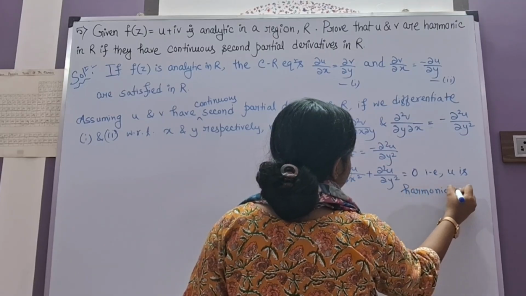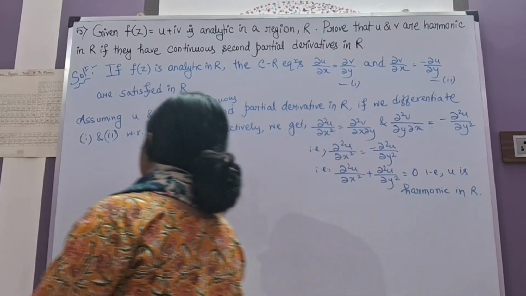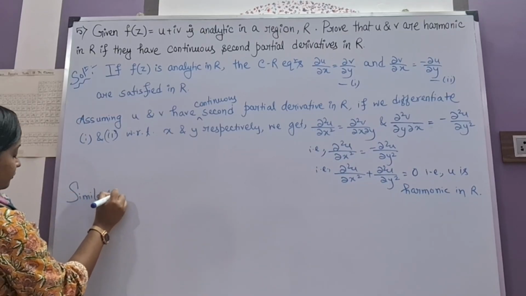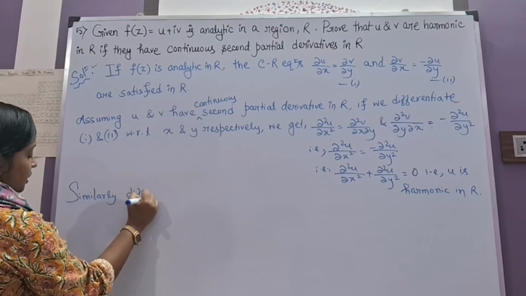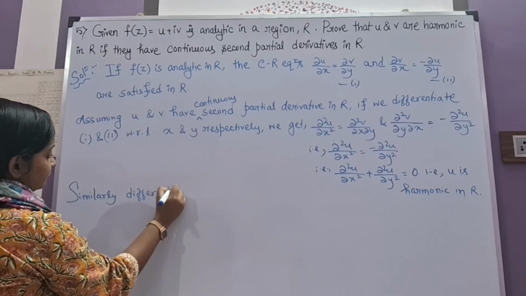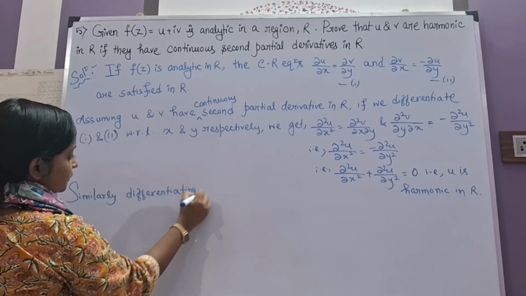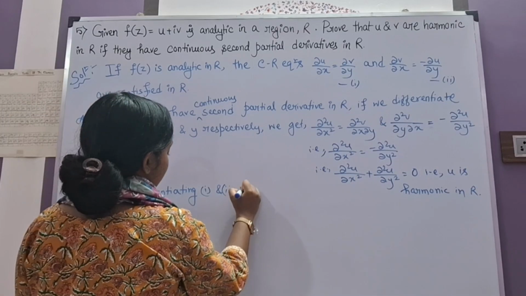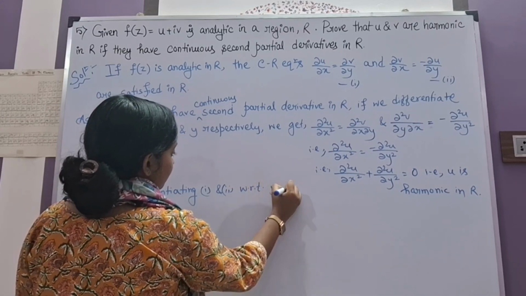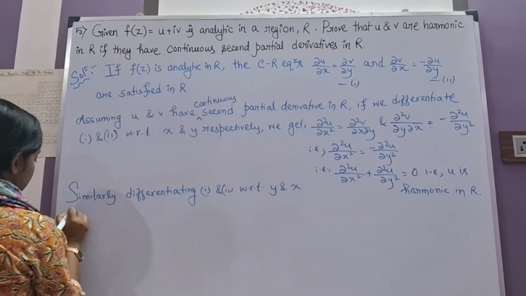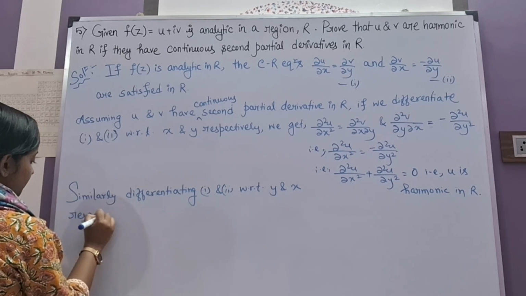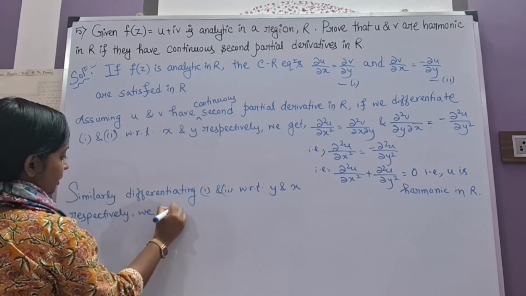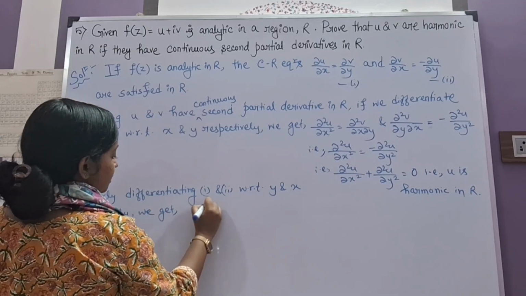That is, u is harmonic in R. Now similarly, differentiating 1 and 2 with respect to y and x respectively, what do we get?